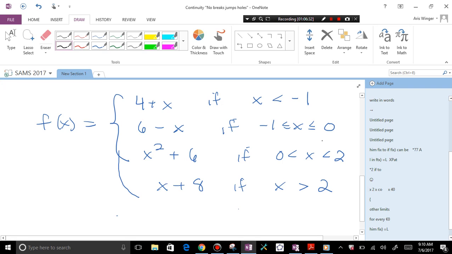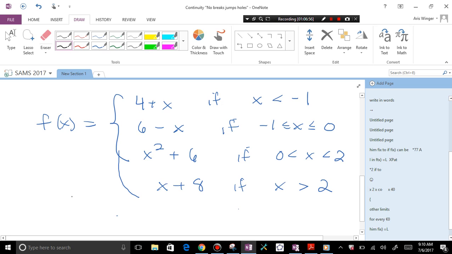It's the limits aren't equal. That's exactly right. The limit from the left and the limit from the right are not the same, and so this violates number 2. That's excellent. All we're doing is translating from the words that make complete sense. He said that there seems to be a jump here, and mathematically you just want to say that the limit from the left and the limit from the right are not the same.